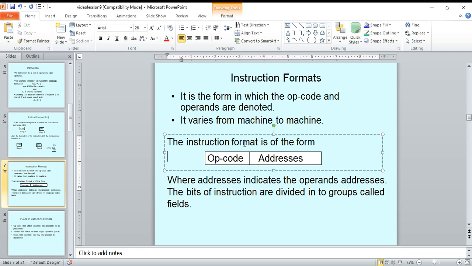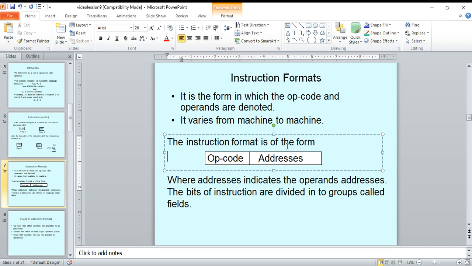The instruction format is of the form opcode and then addresses. The opcode, as we already know, is a group of bits which indicates the operation to be performed on the operands.